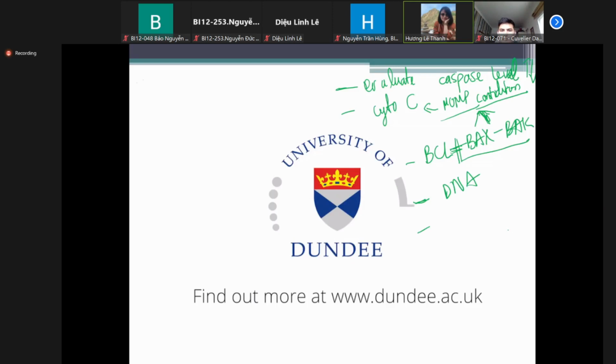Remember the picture about the electrophoresis? So for any kinds of tests here, we can choose three or four to ensure that these cells undergo the hypothesized process.